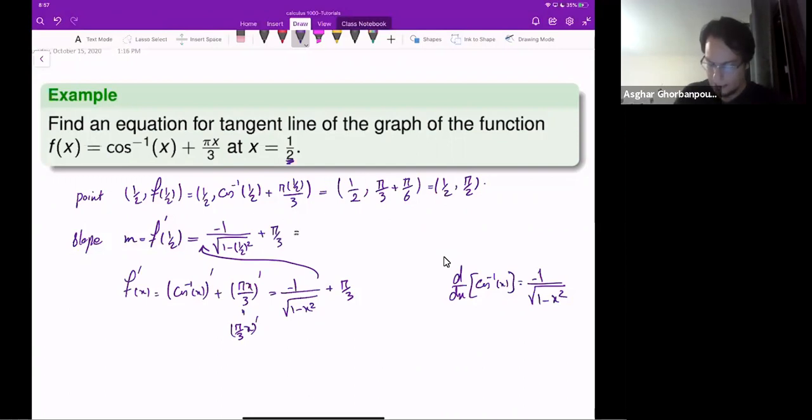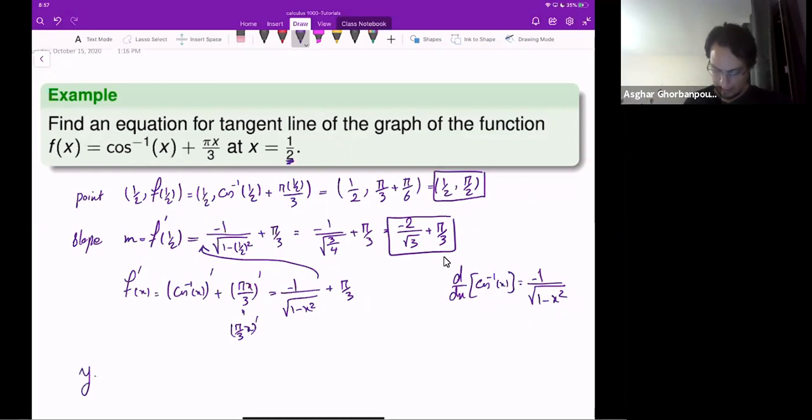And that will give me negative 1 over root of, that's 1 over 4, 1 minus 1 over 4 is 3 over 4, this plus pi over 3. And I can do the same work as before, negative 2 over root 3, because root 4 is 2, and then I took it to the numerator. So that is my slope, that is my point.